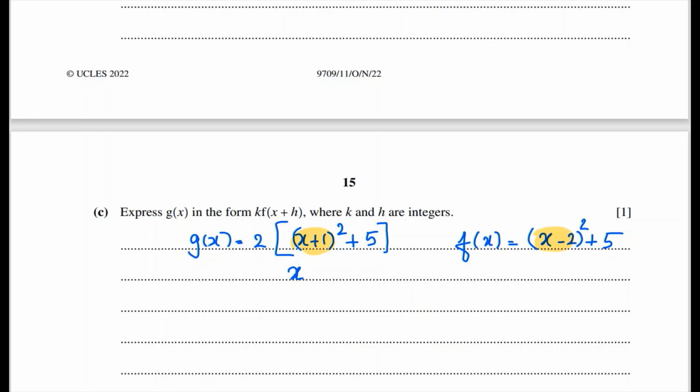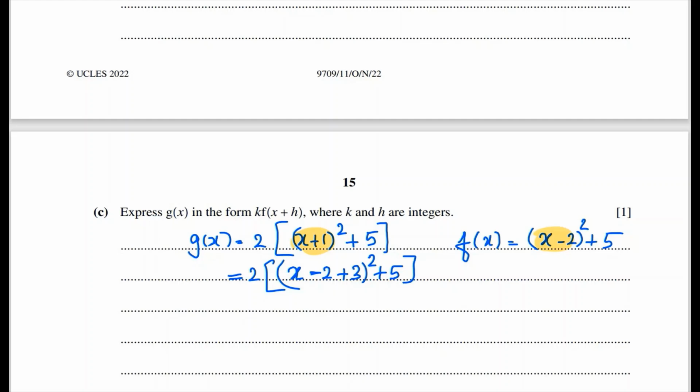This plus 1 can be written as minus 2 plus 3, because minus 2 is in the f of x, so we are writing x minus 2, but the actual value is plus 1, so minus 2 plus 3, the whole square plus 5. This is g of x now.